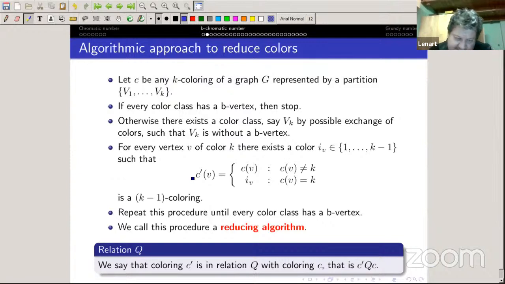Okay, and further, we say that this new coloring C prime is in relation Q with the old coloring C. So this coloring with fewer colors is in relation with coloring C, from which coloring C prime was obtained.